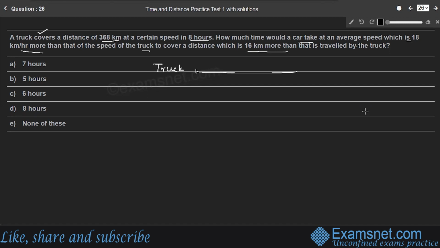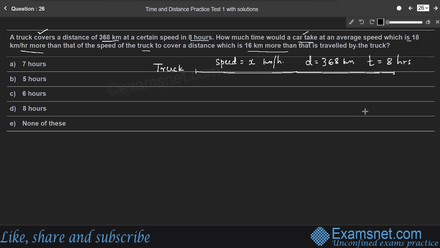Let the speed of the truck be x kilometers per hour, and it covers 368 kilometers in 8 hours.